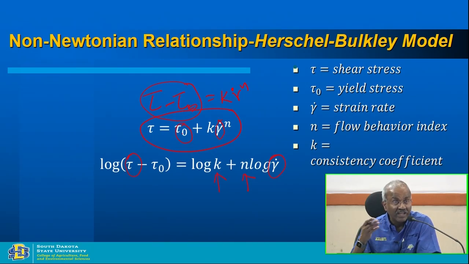We are trying to simplify here so that it's easy to understand. Tau is shear stress, yield stress is tau 0, strain rate or shear rate is gamma dot. N is called the flow behavior index and K is called the consistency coefficient.